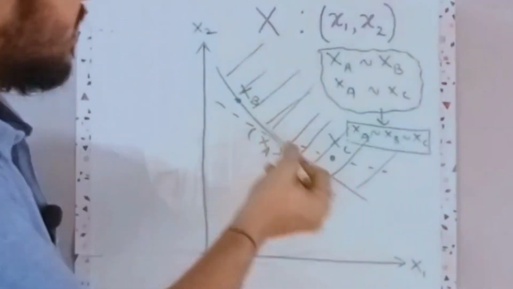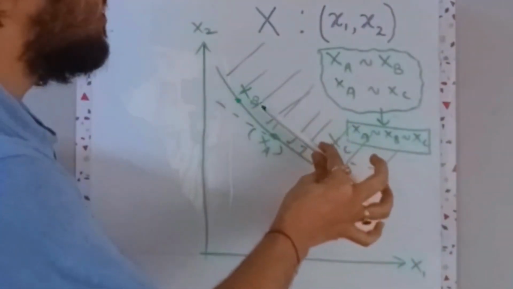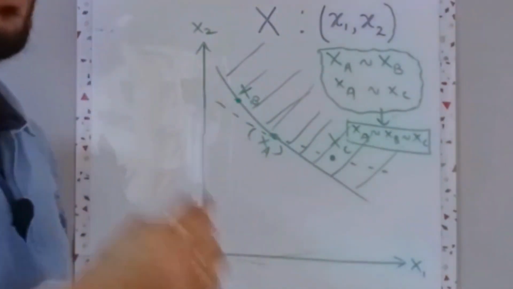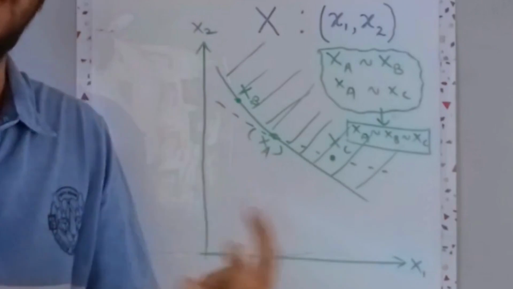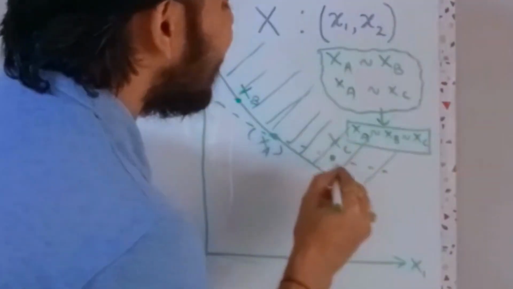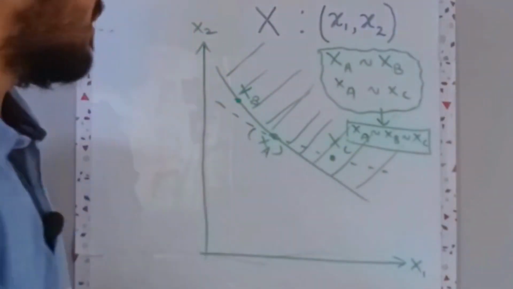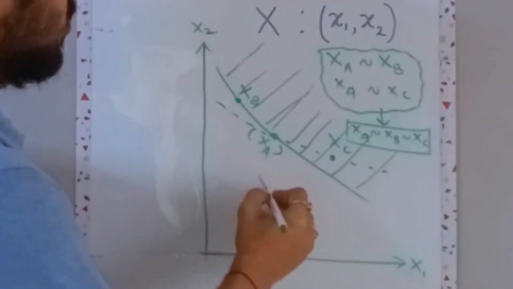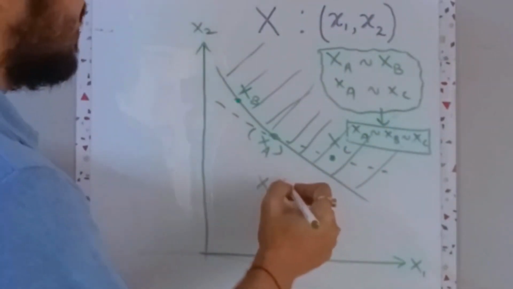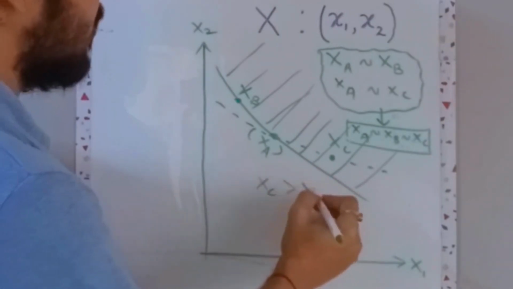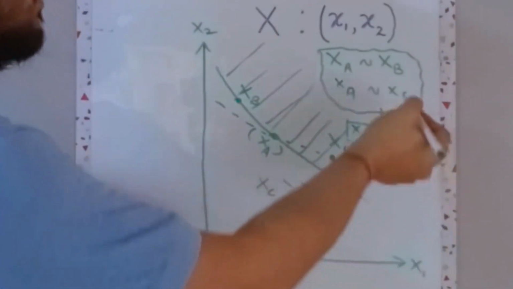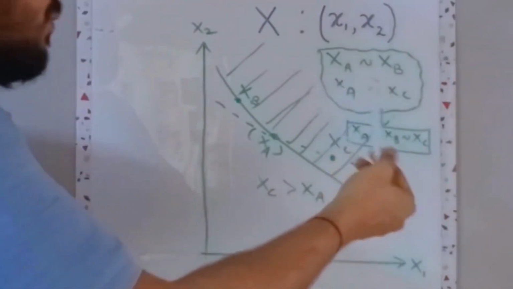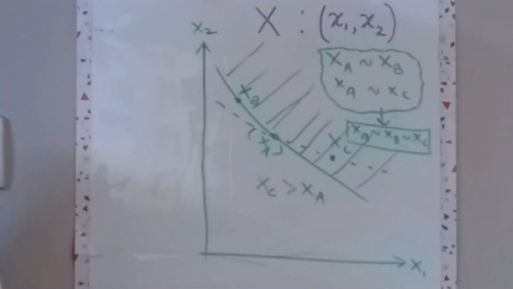If you take out the indifference curve and just think of the upper part, that will be your strict preference. So according to your weakly preferred set criteria, XC is strictly preferred to XA. But according to the other logic, you will say that XA is weakly indifferent to XC, which makes no sense.